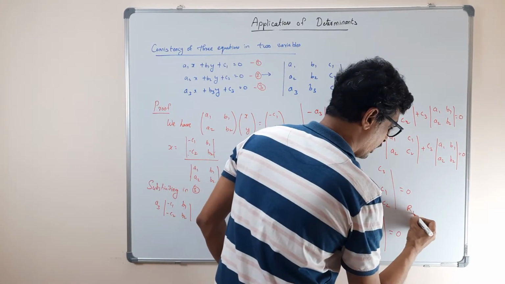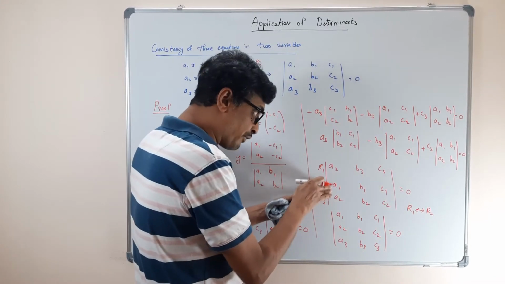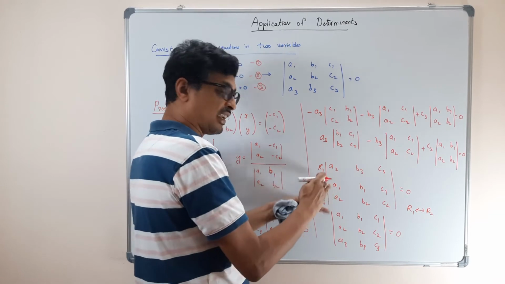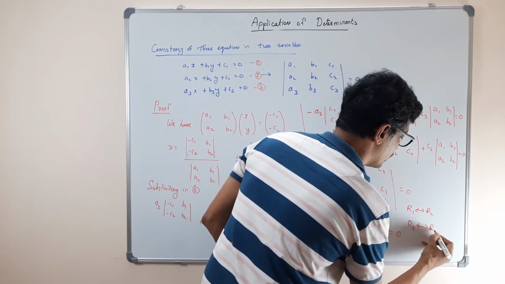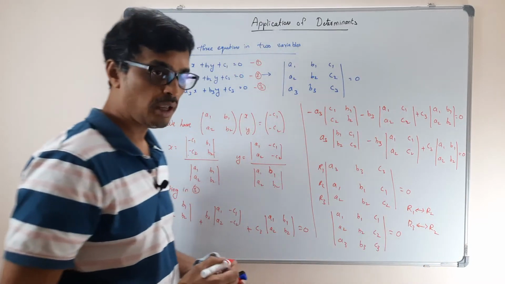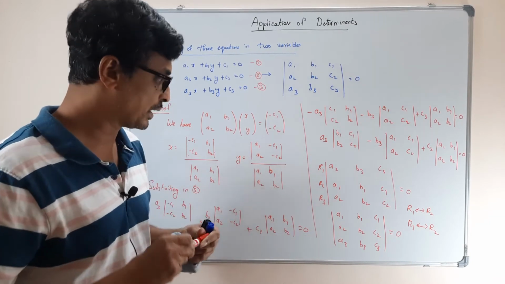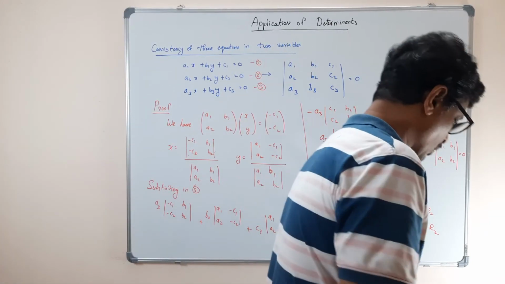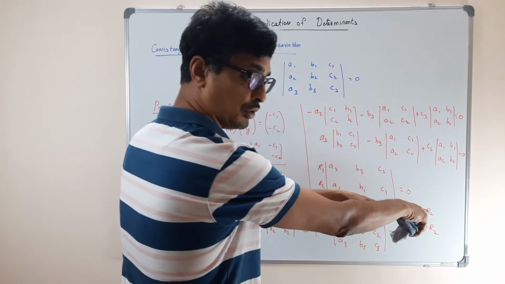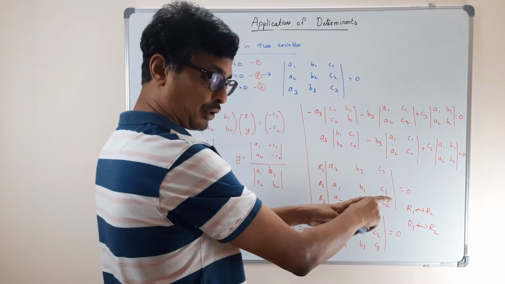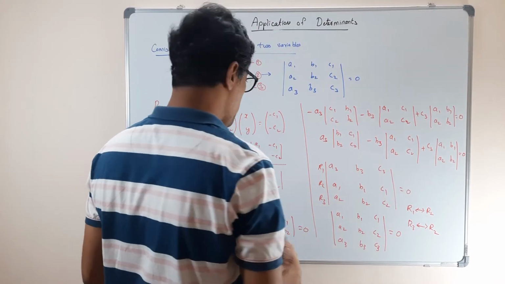You have to write that R1 and R2 exchange. And then after exchanging, R3 has to be exchanged with R2. In the exams you should write step by step. If you jump like this, usually they cut the marks. Or at least write first interchanging R1, R2, and then R3, R2, and you will get it like this. Okay?